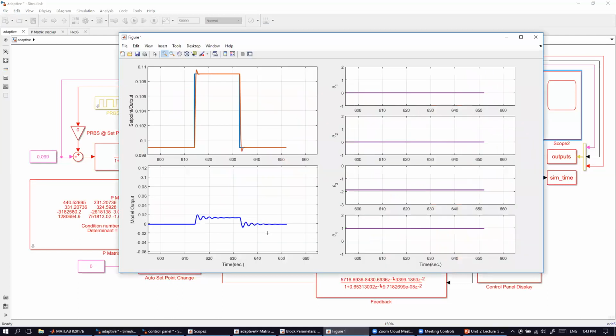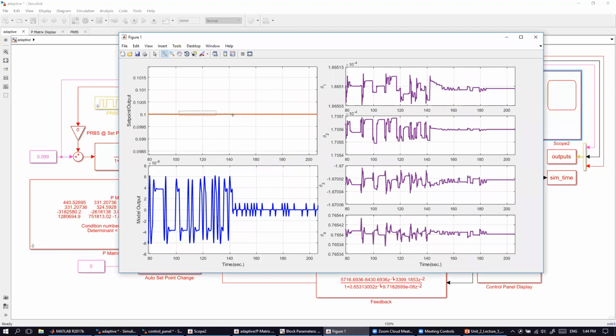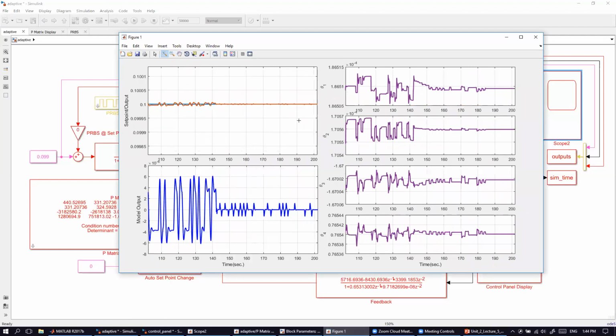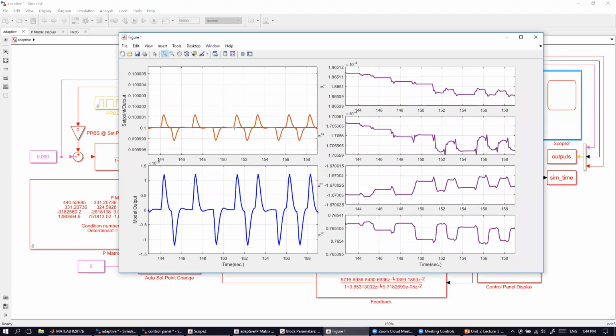And if we take a look here, if we really zoom in, we see how the PRBS really disturbs the output of the plant.